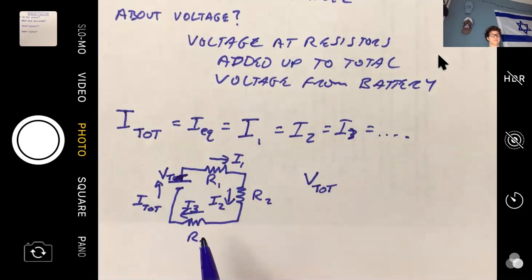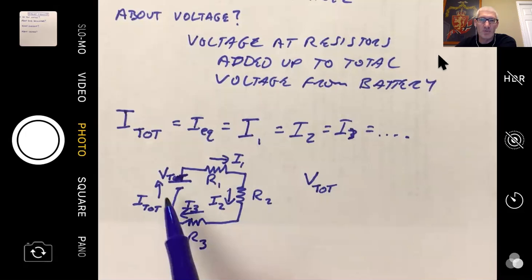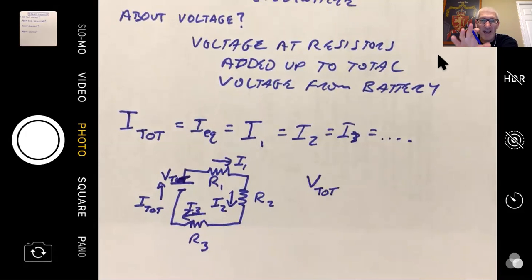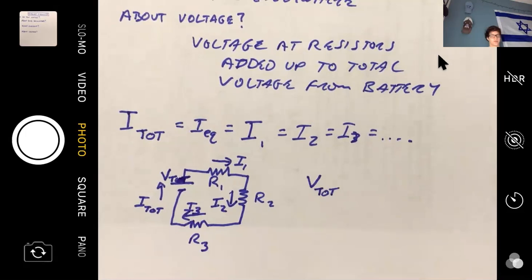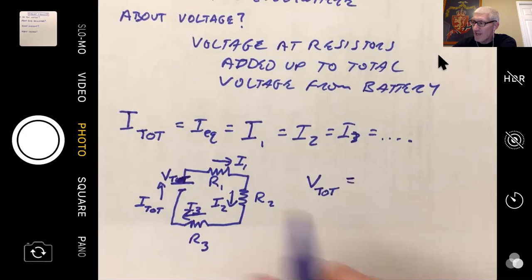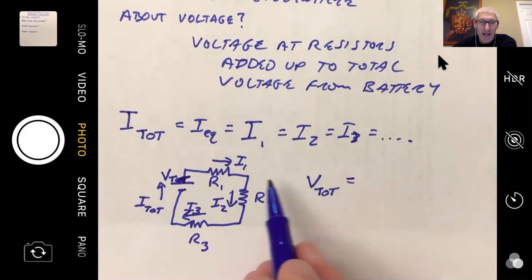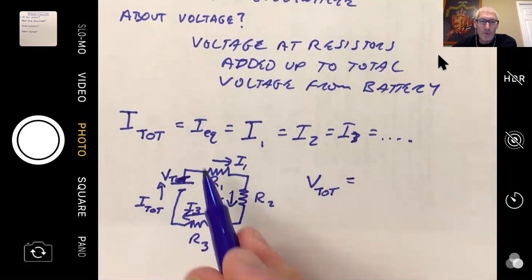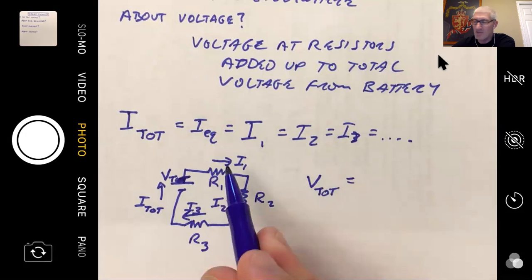Yeah. So not surprisingly, if voltage is related to the oomph, the energy, where is most of my voltage going to get used up? Going through R1, R2, or R3? R3. But at the end of the day, the voltage that I use up in R3 and R2 and R1, what do those voltages have to add back up to, Ethan?